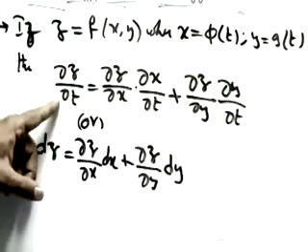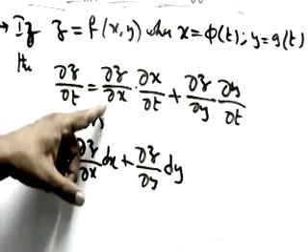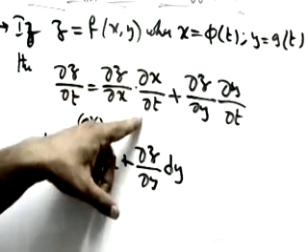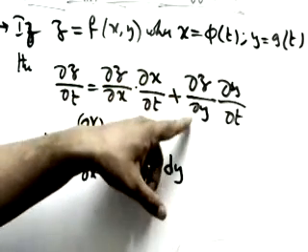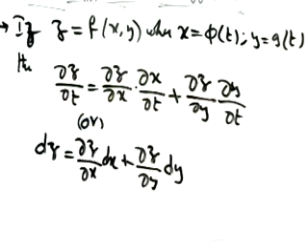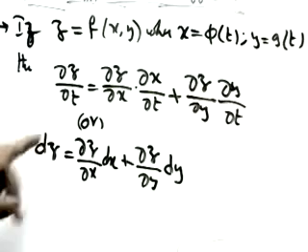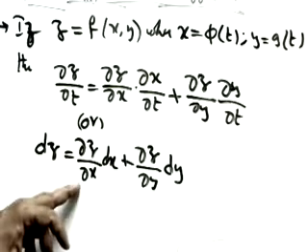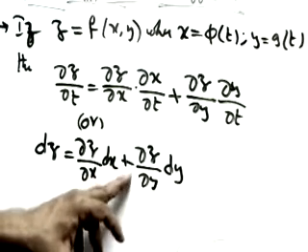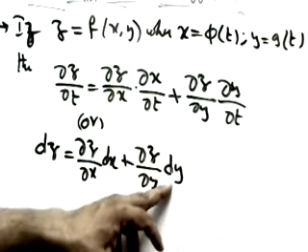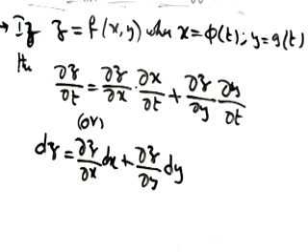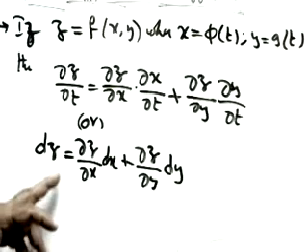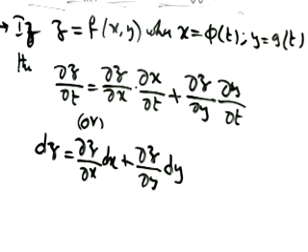We have to find dou z by dou t, which equals dou z by dou x into dou x by dou t plus dou z by dou y into dou y by dou t. This can also be written in short as dz equals dou z by dou x into dx plus dou z by dou y into dy. This is called the total differential coefficient.